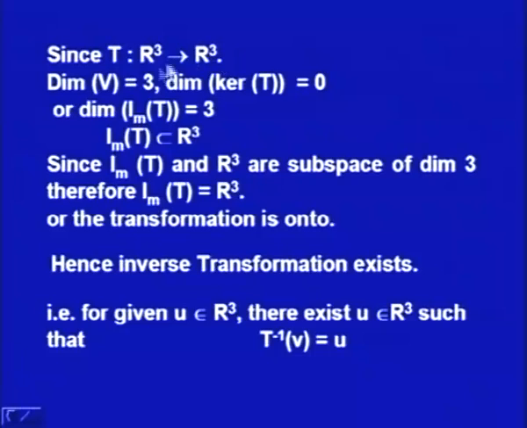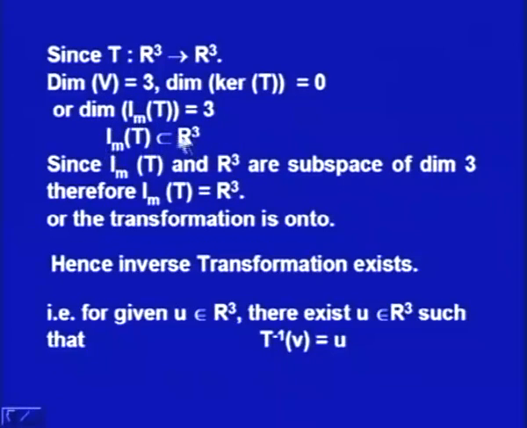Now, the mapping T, this linear transformation T, is R3 to R3. The dimension of the domain is 3, dimension of kernel T is 0. Why? Because it is a 1-1 transformation. So, nullity is 0. So, from the rank nullity theorem we will have dimension of image T is equal to 3.